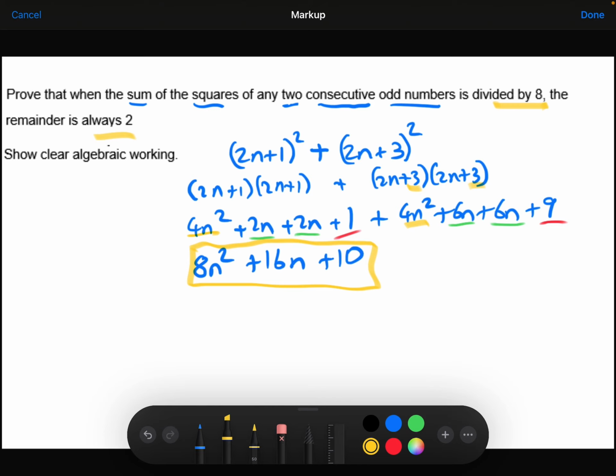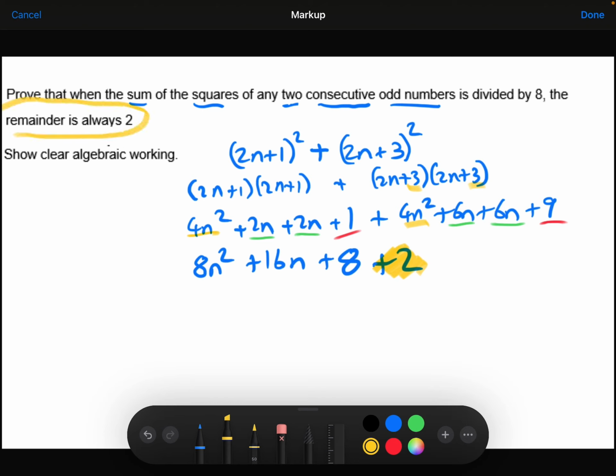Now, I'm going to do something that's a little bit strange. We wouldn't usually do this, but it's going to help me to answer this question. I'm almost going to unsimplify this 10 on the end there. I'm going to split that up into an 8 and a 2. The reason why I'm going to do that is because this can be the remainder 2 that we're looking for.